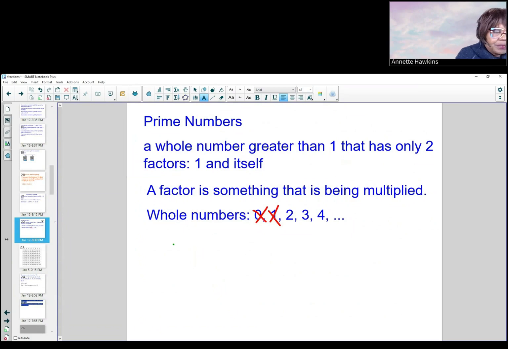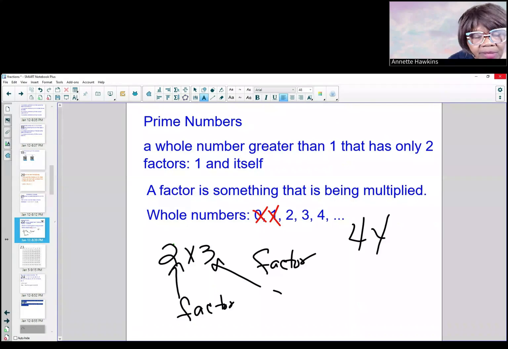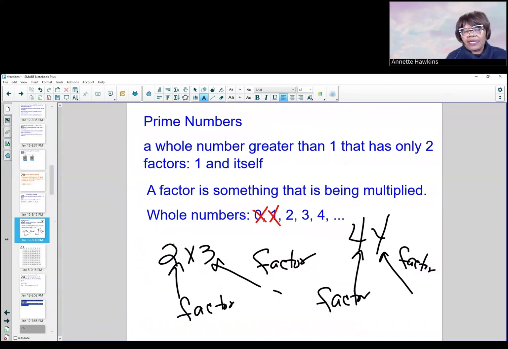For example, 2 times 3. 2 is a factor. 3 is a factor because it's being multiplied. Suppose we had 4 times x. 4 is a factor, and x is a factor.